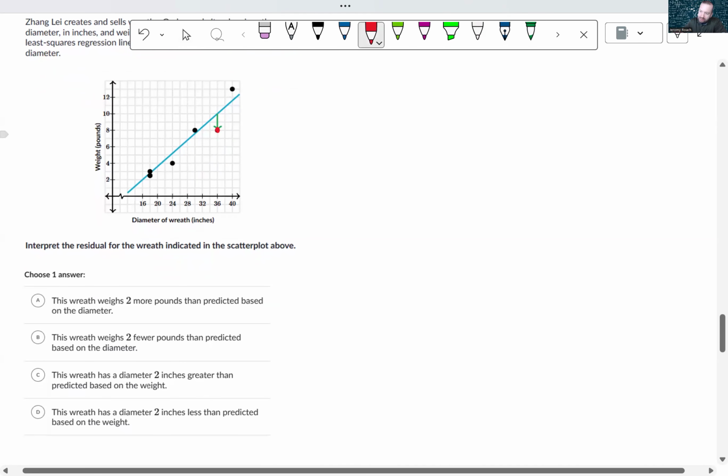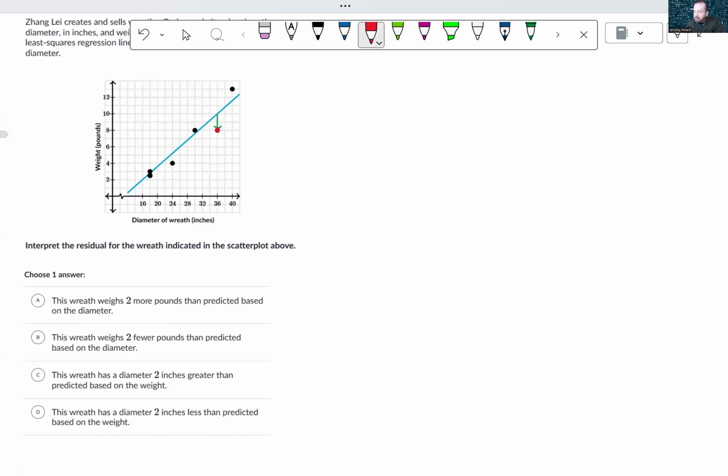So the weight is the y variable, and the diameter in inches is the x variable. So it says interpret the residual. Before even looking at these answer choices, I would just say, well, it looks like the actual value of the red point is at 8 pounds when the diameter was 36 inches.